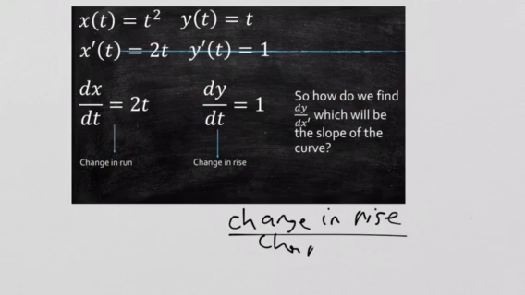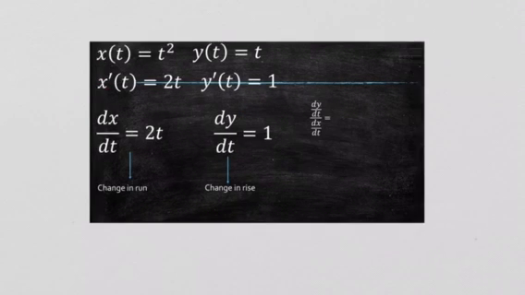So what we need to do then is divide our change in rise by our change in run. Divide dy dt by dx dt. So if we do dy dt divided by dx dt, that should tell us the slope.